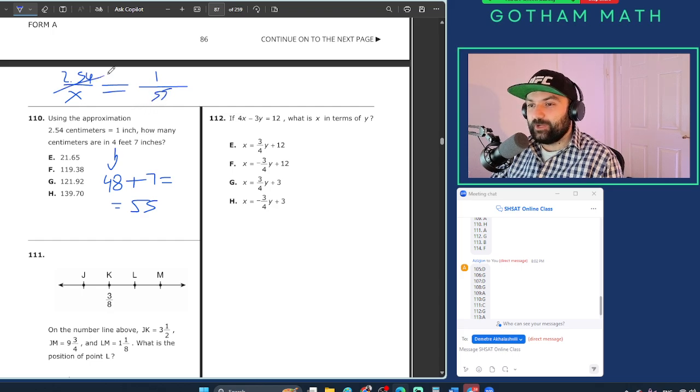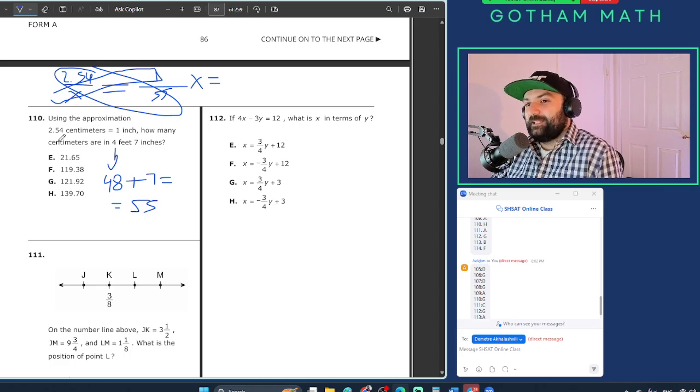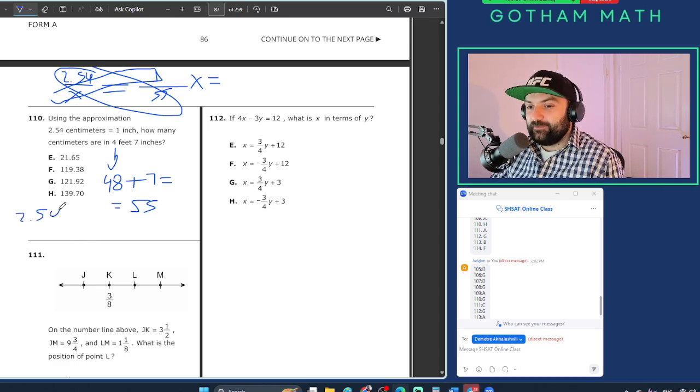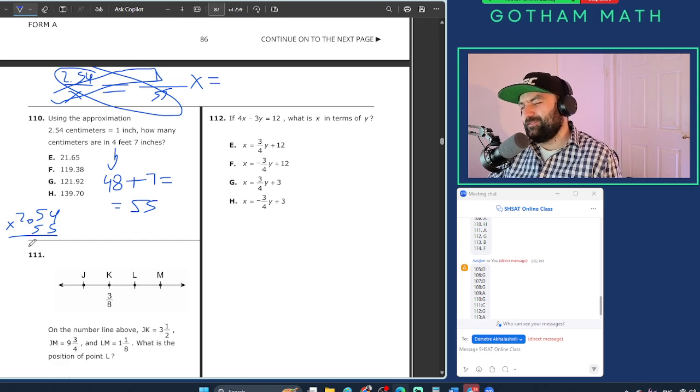So what do you have to do? X times 1, which is x, equals this times this, which is multiplying. If you cannot estimate that properly, you're going to have to multiply and do the solid double digit, triple digit multiplication. But 2.5 times 50, let's see if we can approximate. Some questions are way too close. It's going to be hard to do that precisely.